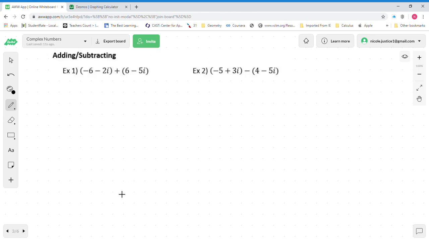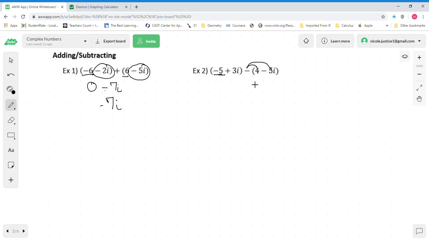So adding and subtracting is really simple. You just pretend like the i is any old regular variable, so you're going to combine like terms. The -6 and the 6 can combine, and that's going to give me 0. Then you have -2i plus -5i, and that's going to give you -7i. And then just get rid of the 0 because you don't need it. Over here, the hardest thing is that you have to remember you distribute the negative to both of these.